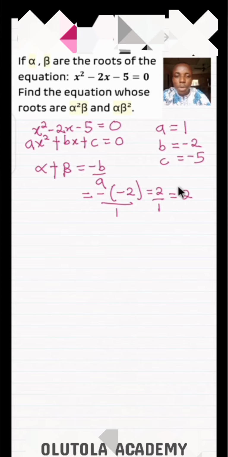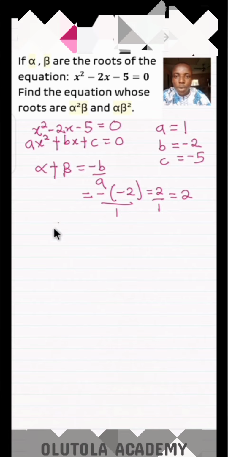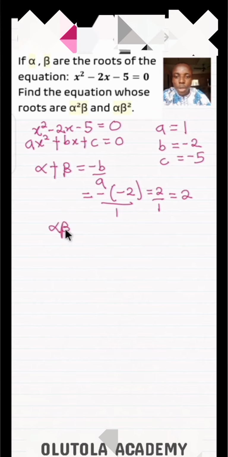So my sum of roots is 2. Then I go for my product of roots, alpha beta, which is given by c over a. I have c to be minus 5 and a to be 1, so minus 5 over 1 will give us minus 5. So I've gotten my sum of roots and my product of roots.